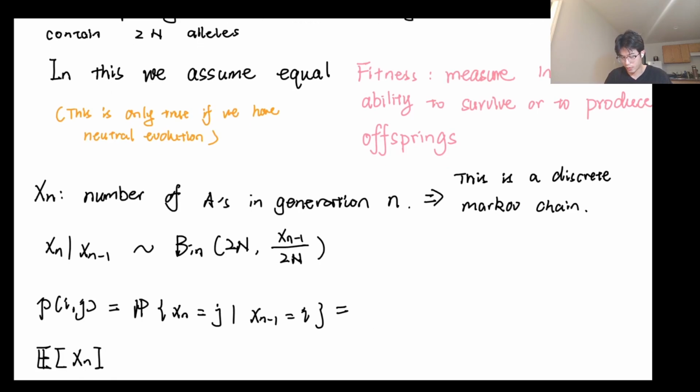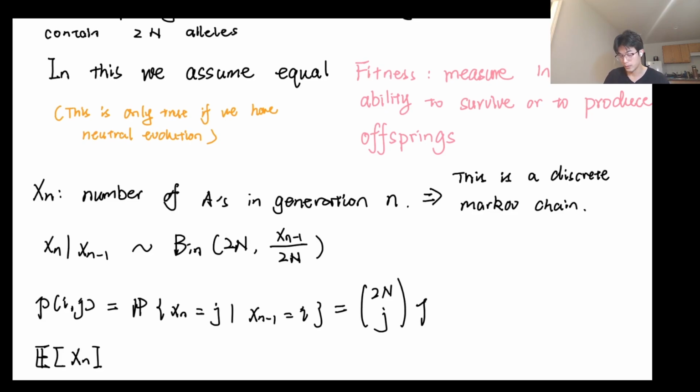If we are transitioning from i big A's in generation n minus 1 to j big A's in generation n, we are selecting j big A's from a total population of 2n, with probability of success pi, to the j-th power times 1 minus pi to the 2n minus j power.